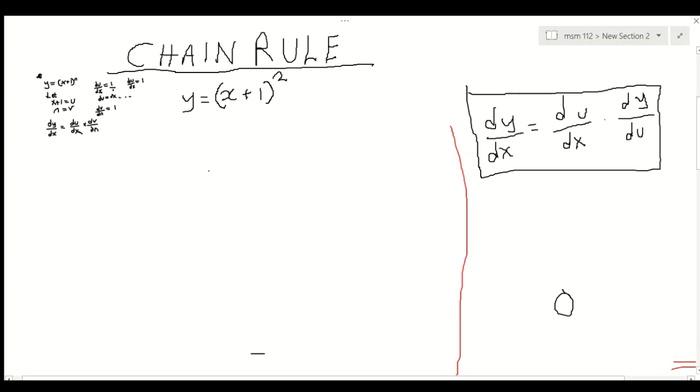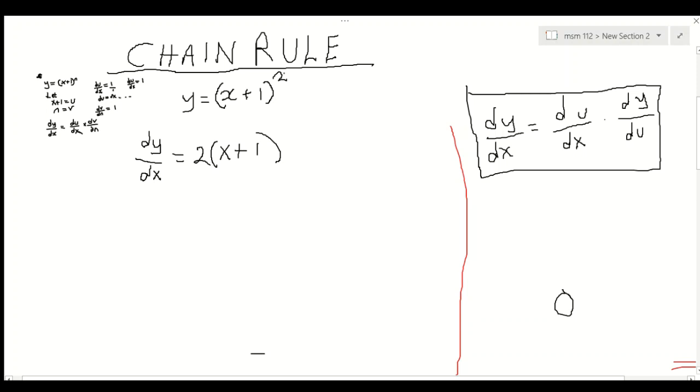The shortcut is that the derivative of this with respect to x is equal to, you drop the power like this. Then you maintain what's in the brackets there, x plus 1. Then you multiply it with the derivative of what's inside. That will be your answer.